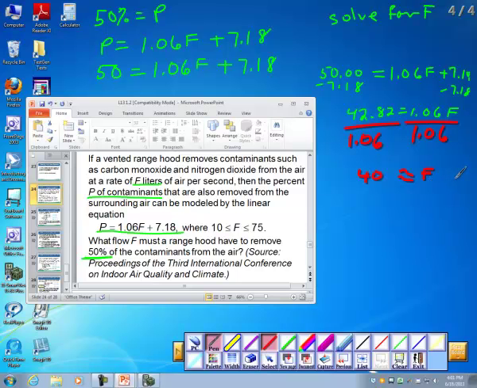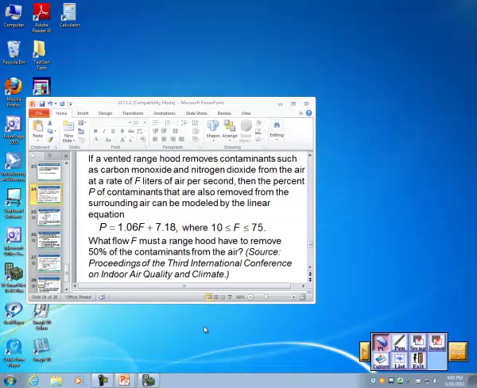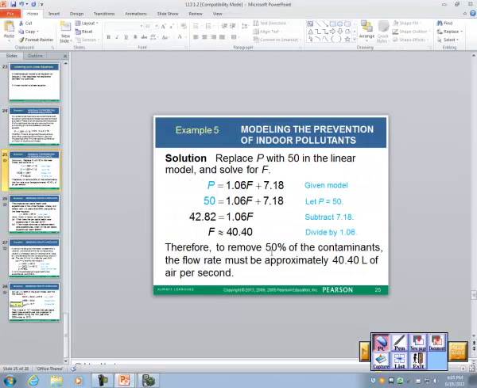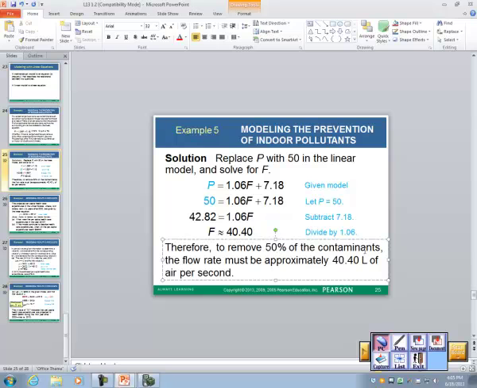So therefore, to remove 50% of the contaminants, the flow rate must be approximately 40.4 liters of air per second. All right. Okay. Questions with that?